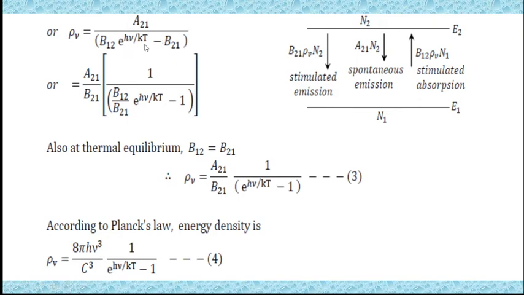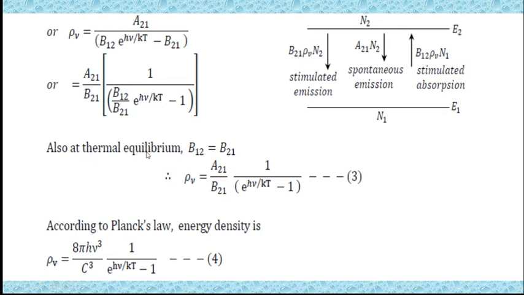Taking B21 out of this bracket, we get rho nu equals A21 by B21 into 1 divided by B12 by B21 exponential h nu by kT minus 1.